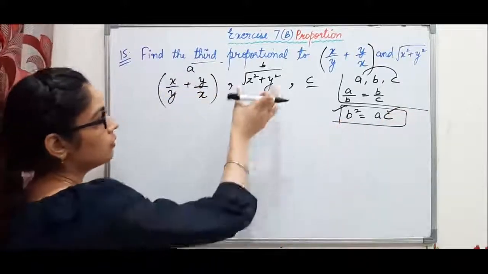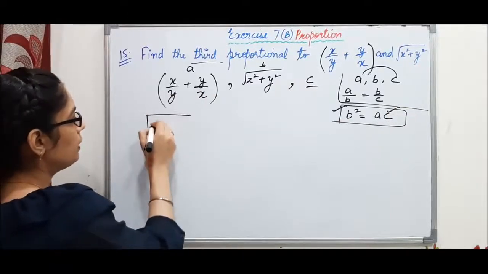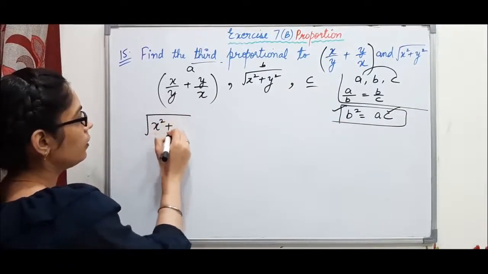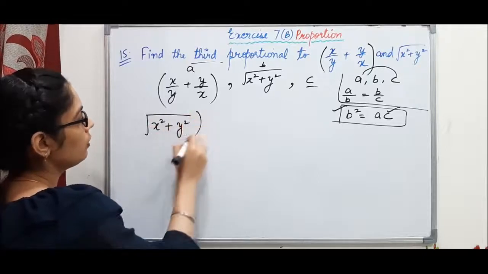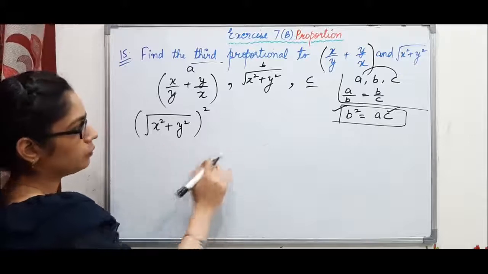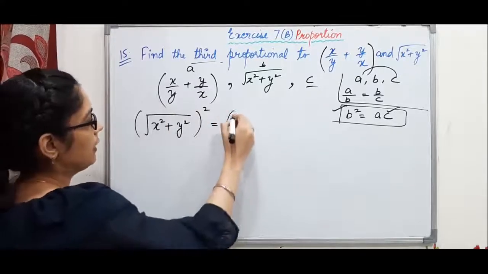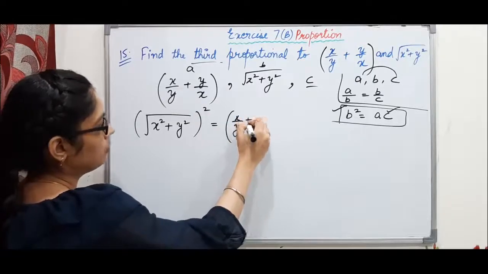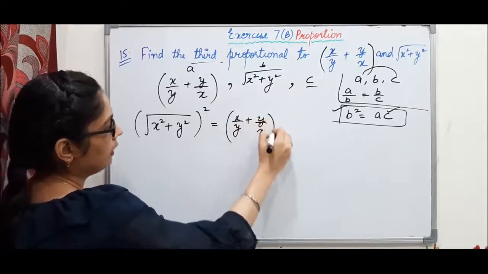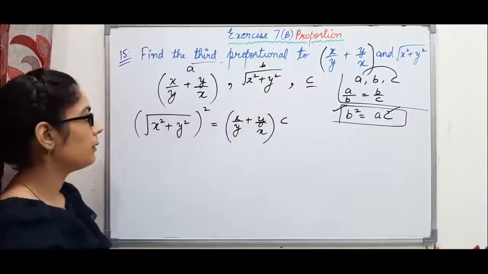B square: in place of B I will substitute square root of x square plus y square, whole square. See, b square is equal to ac. A is x by y plus y by x, into c, as it is, because we don't know the value, so we have to find it.